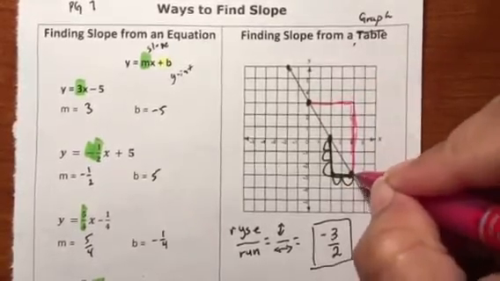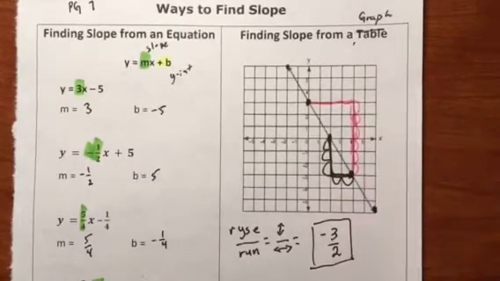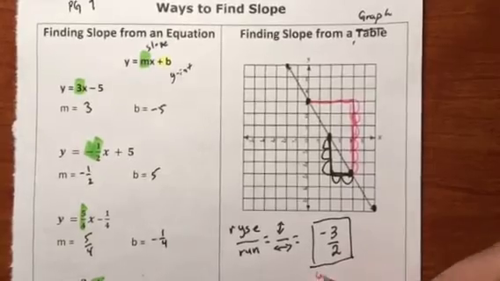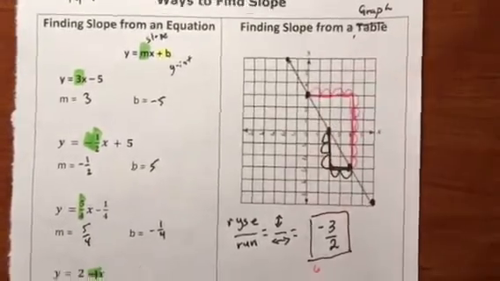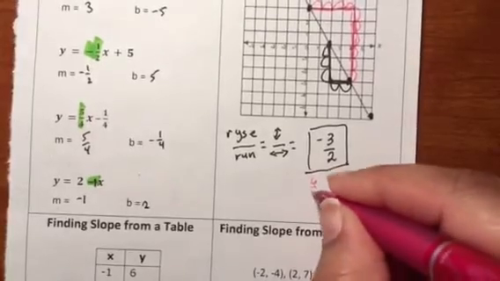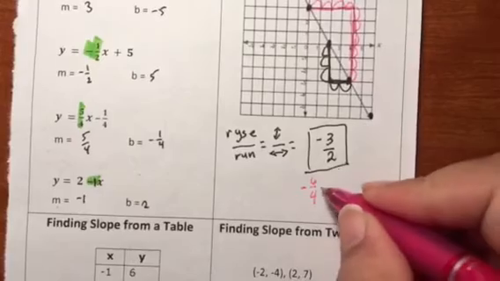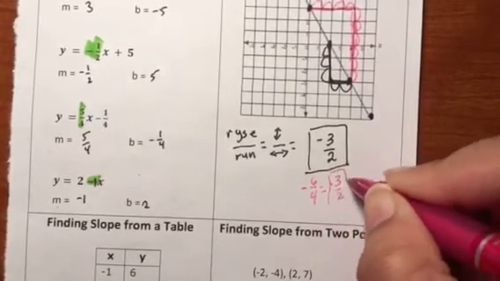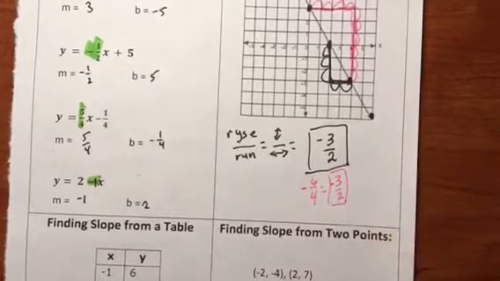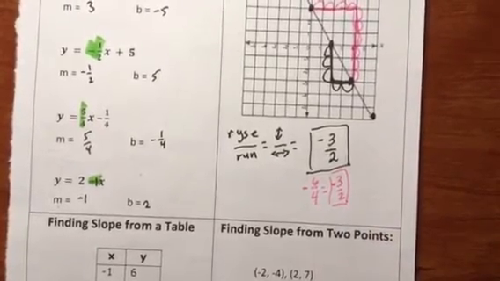Okay, so I have to go up 1, 2, 3, 4, 5, 6, and over 1, 2, 3, 4. And remember, since it's going from left to right, you have a negative. And if I reduce that, I have -3/2. So no matter which 2 points you pick, it's still going to get you the same slope.